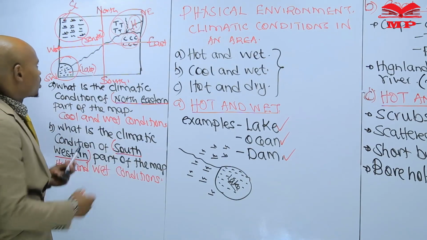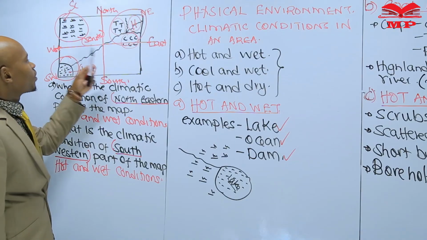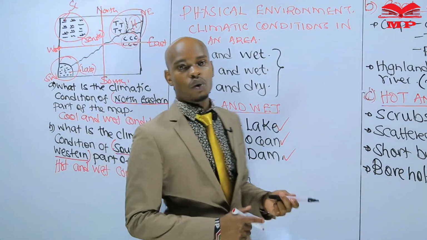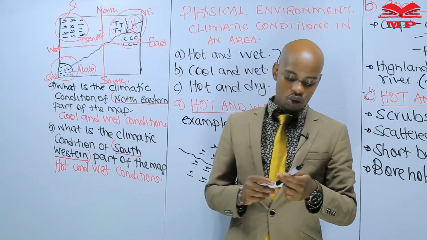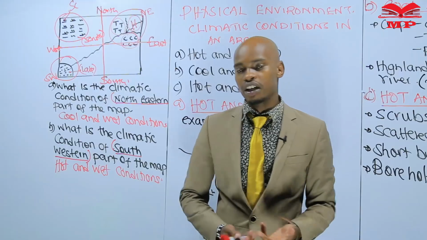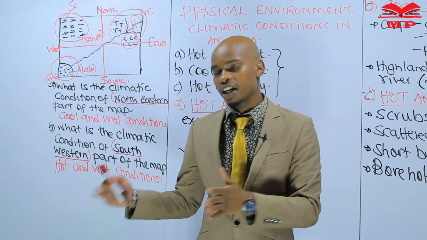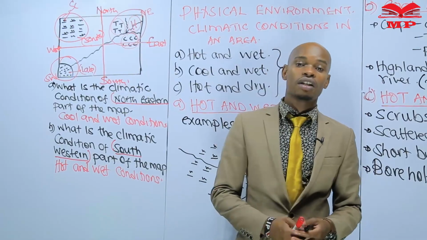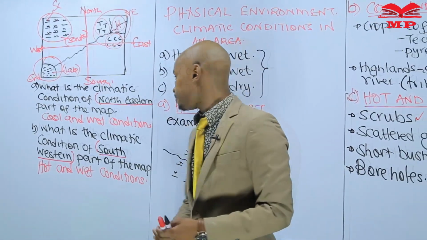But for the example purposes, I have given a map that has all of them so that when you come across a map that has only one, you'll be able also to identify, because it's a matter of just looking at the evidence that supports that that area receives what type of climate.